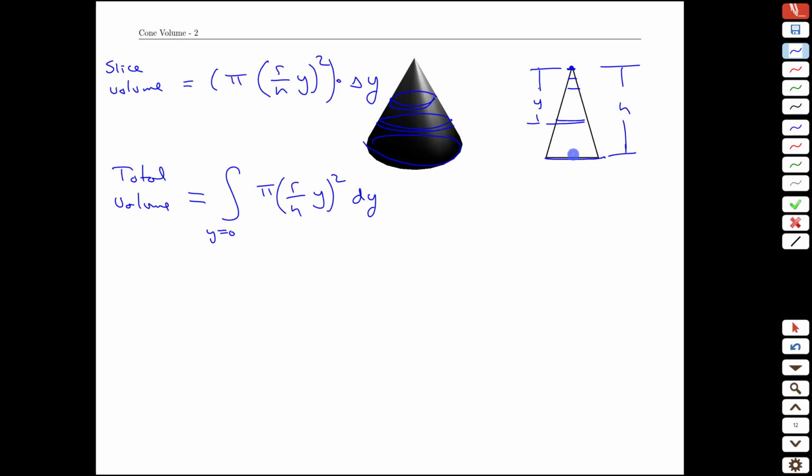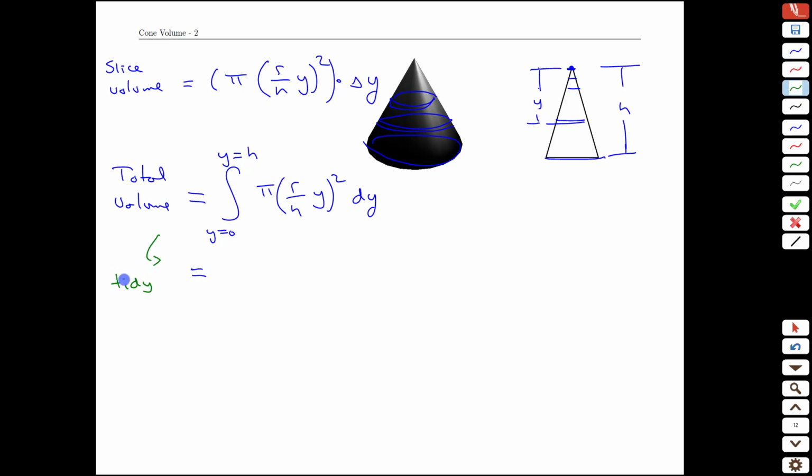The last y value we would have, this feels strange, but the last y value we would have is h. If my cone was height 5, I would go to 5. If it was 10, I would go to 10. If the cone height is h, we go to h. And that's it. We're ready to integrate.